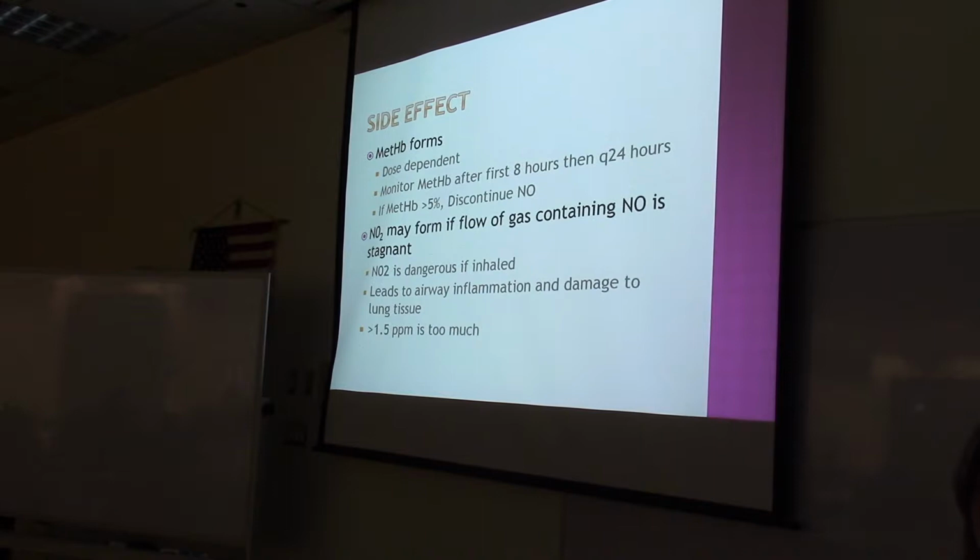The level of nitrogen dioxide is always being monitored, and you'll see a digital printout of the NO2 levels always. If it's greater than 1.5 parts per million, that's too much, and that's when it becomes toxic.